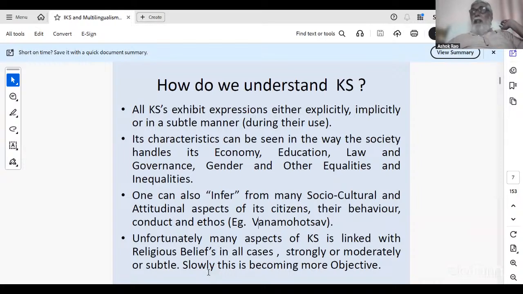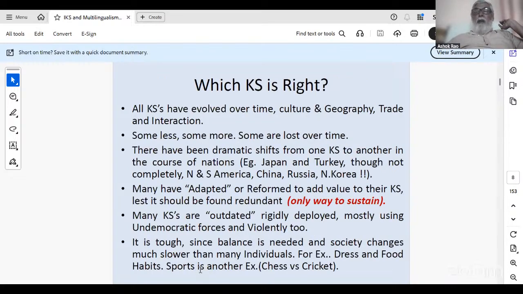We are becoming less ritualistic. I am not saying we are becoming more spiritual, but that's a different issue. Okay. Now the question arises, if there is so much, which knowledge system is right?